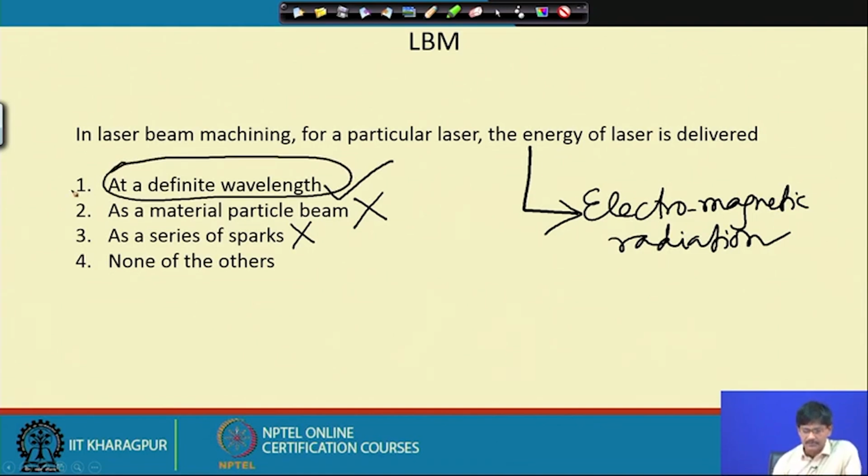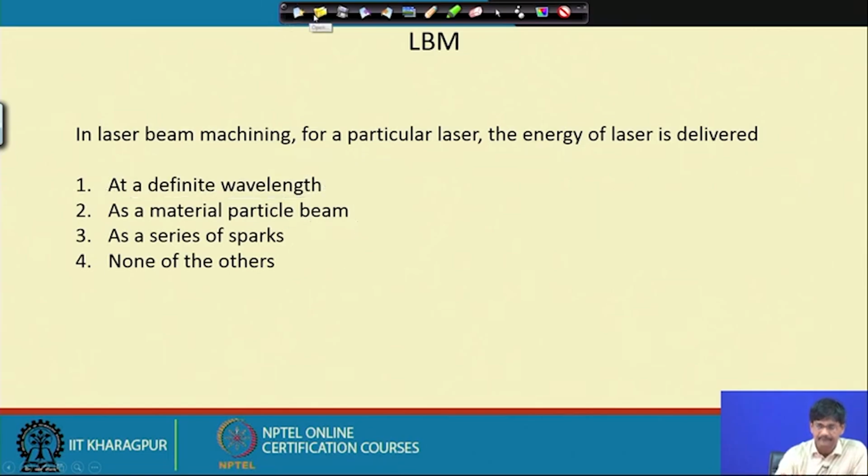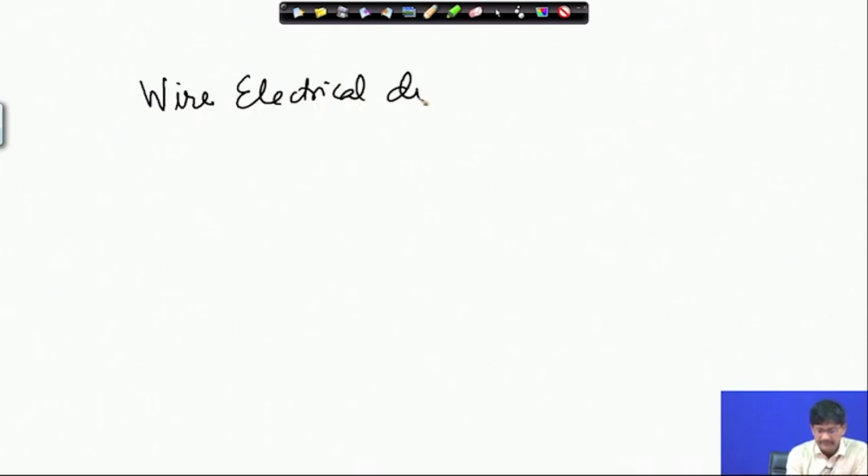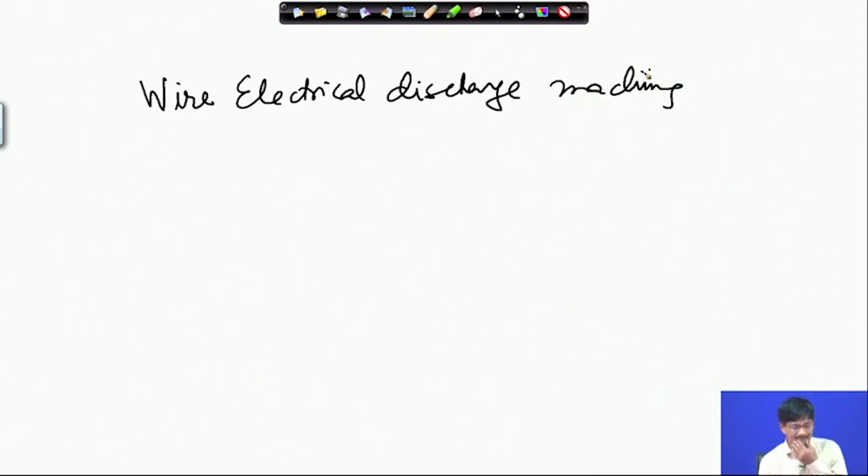So, this gives us an opportunity to discuss a little more about some other methods which I have left behind, but they are equally important. There is another method called wire EDM, wire electrical discharge machining, which works on the same principle as EDM.